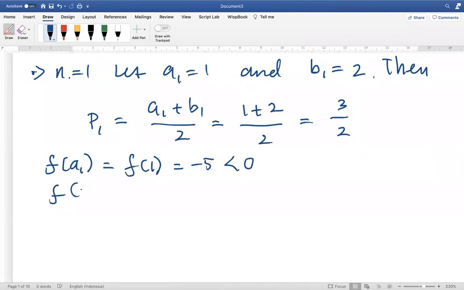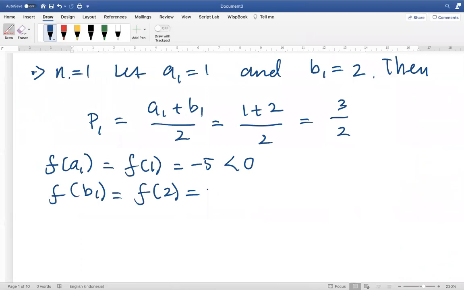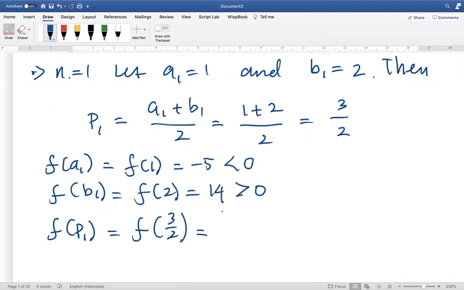And f(b1), which is f(2), equals 14, positive. Now check f(p1). f(p1) is f(3/2). Is that positive or negative?